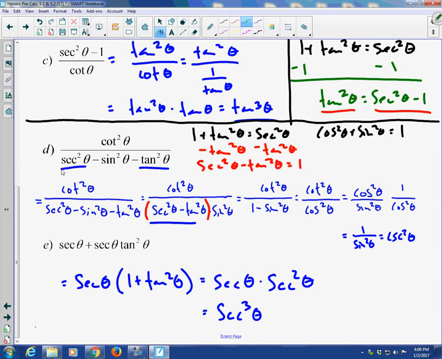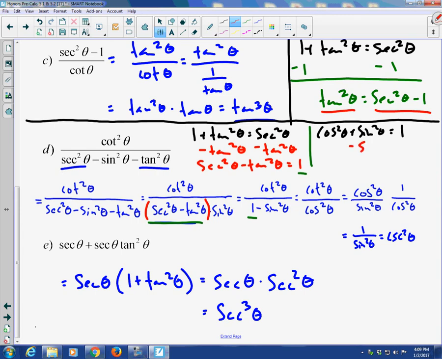So we can substitute 1 for our secant squared theta minus tan squared theta. Now we've got 1 minus sine squared theta. We want to look to try to substitute one term for two terms right there with a Pythagorean identity. So going to the Pythagorean identity involving sine, we've got cosine squared theta plus sine squared theta equals 1.